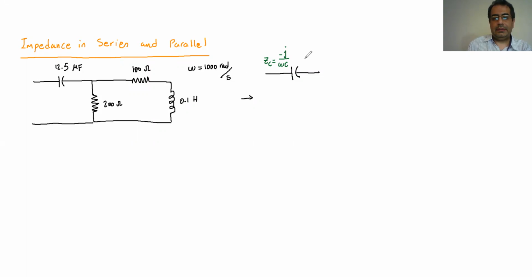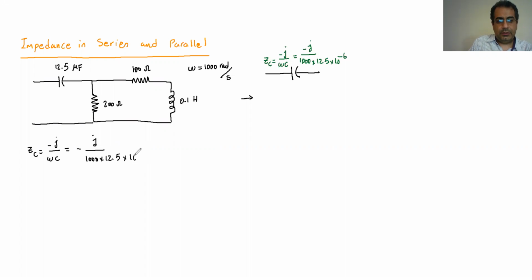I can say it's going to be negative j divided by 1000 times 12.5 times 10 to the negative 6. Let me write it down here, it's probably easier. So the ZC is negative j divided by omega C, which is negative j divided by 1000 times 12.5 times 10 to the negative 6.